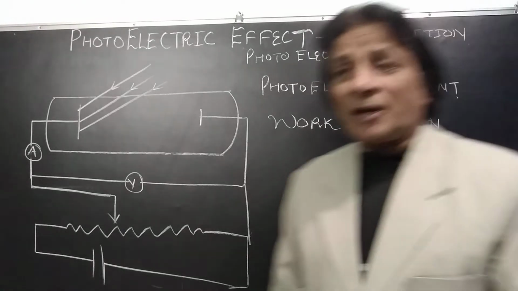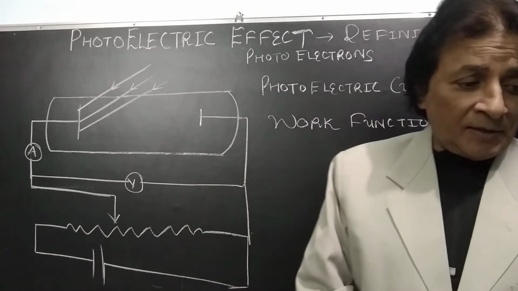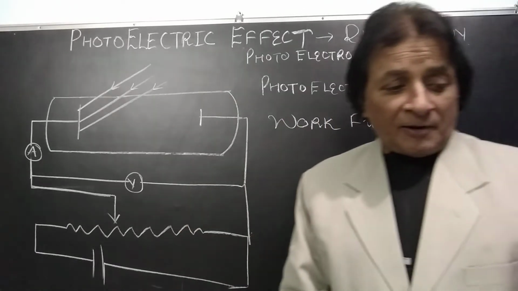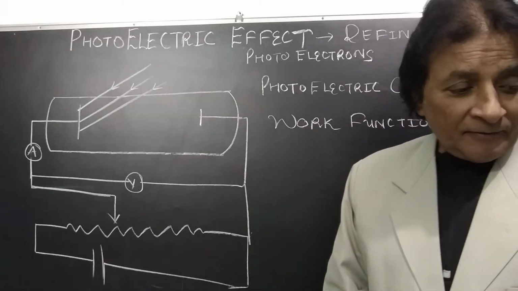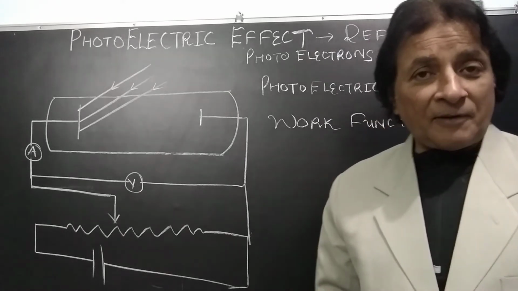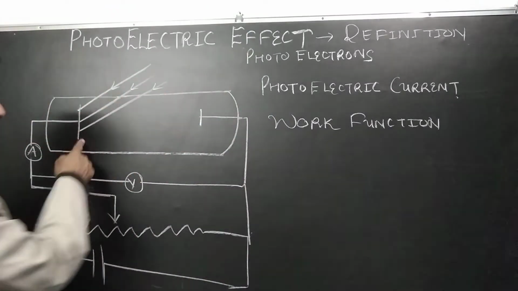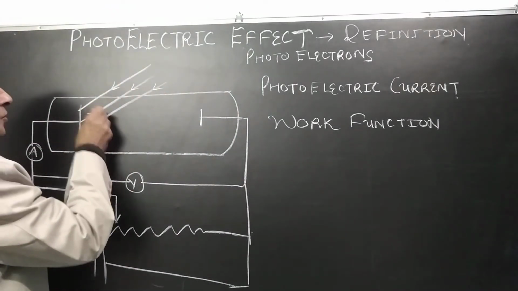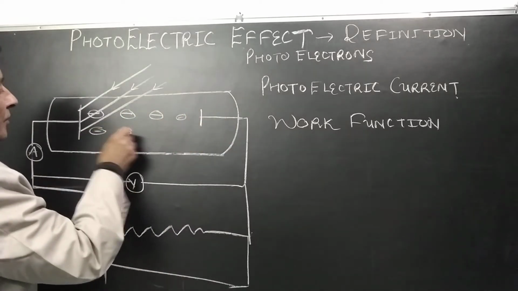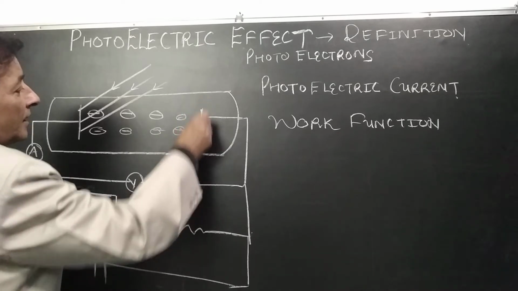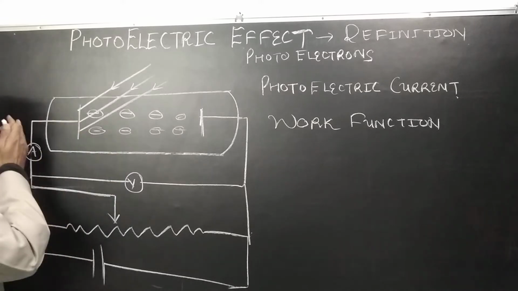What is photoelectric current? If current passes through the circuit in the photoelectric effect, then the current is called photoelectric current. For example, we made the light incident here, then the photoelectrons so emitted start moving towards this positively connected plate, this is called the anode.